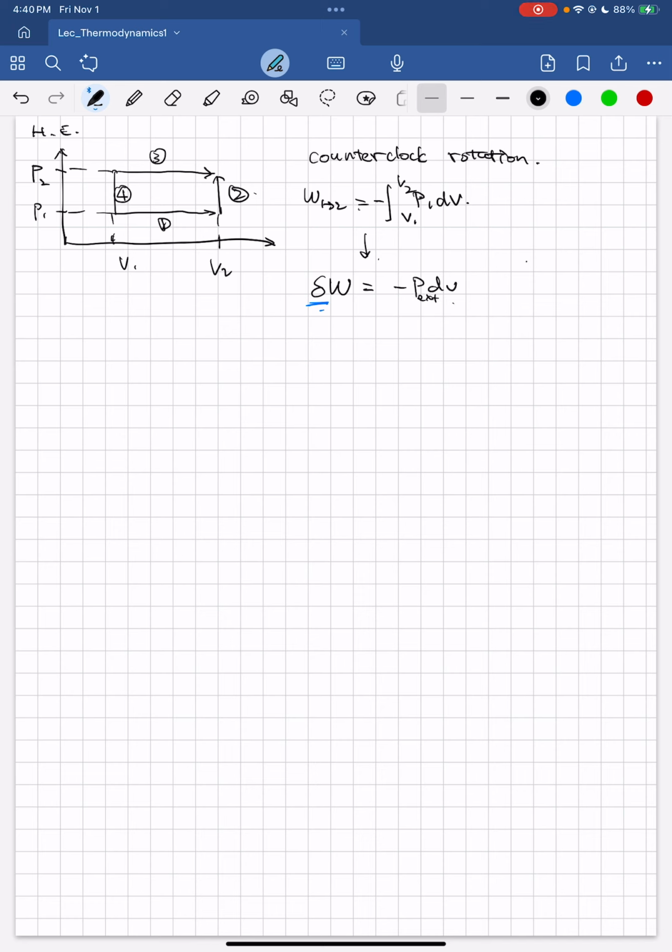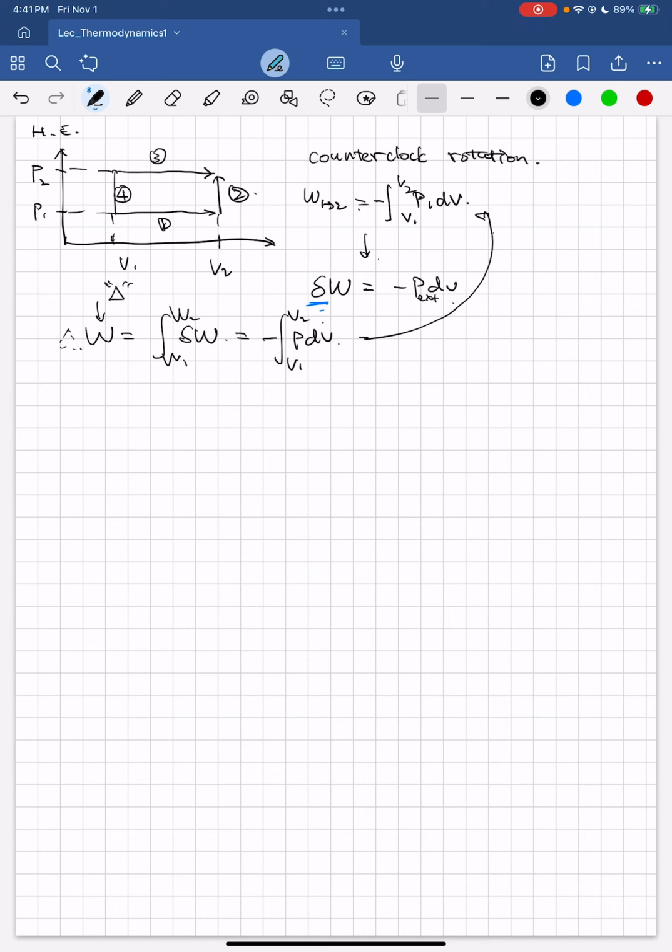And we simply integrated. I told you that there is already a delta meaning inside W, so you don't need the delta here. You integrate this, W from 1 to 2 equals minus PdV from V1 to V2. This is how you got this.